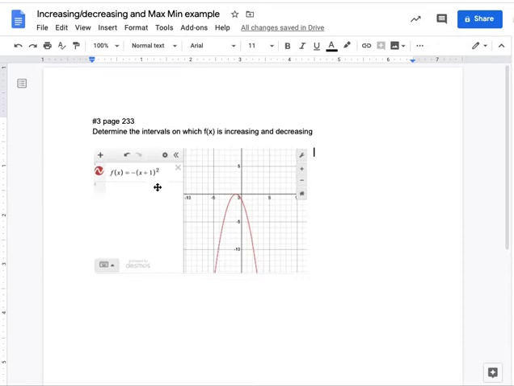So we know that our vertex is going to be at the point negative 1 for the x value, and 0 for the y value. So we might as well write that down. Vertex equals negative 1, 0.